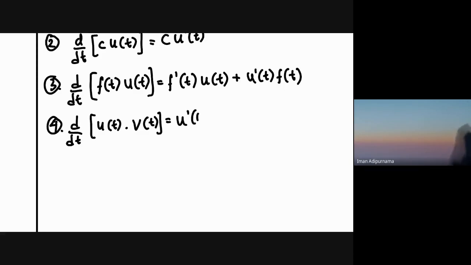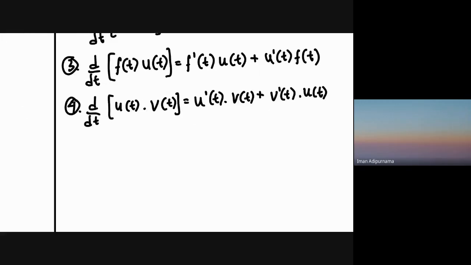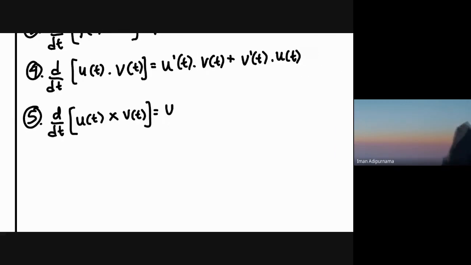So this will be u prime t dot v t plus... The number 5 is the cross product. It's also similar.